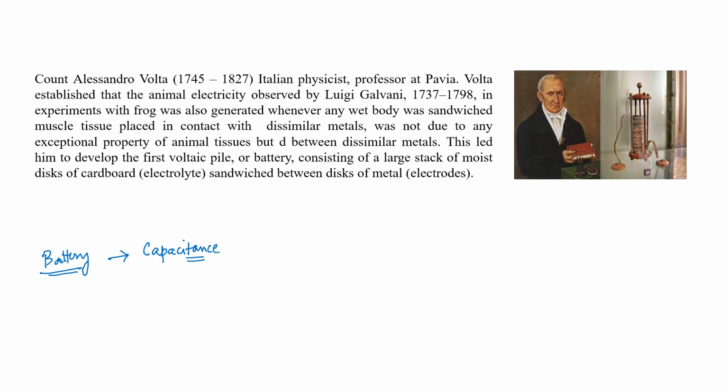So the great scientist of the time is Count Alessandro Volta. He was on the planet from 1745 to 1827. He was an Italian physicist, professor at Pavia.